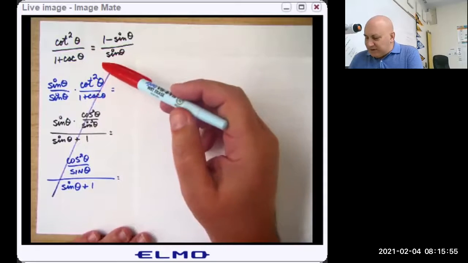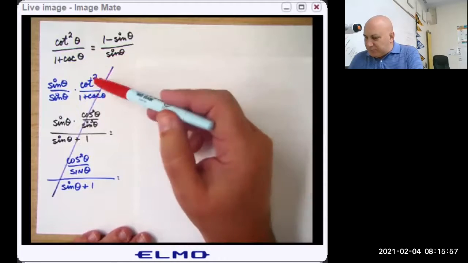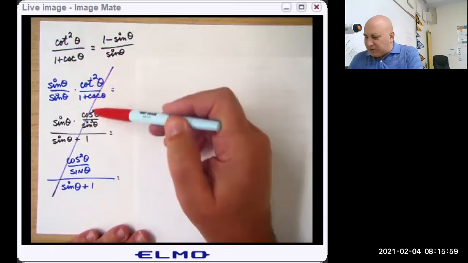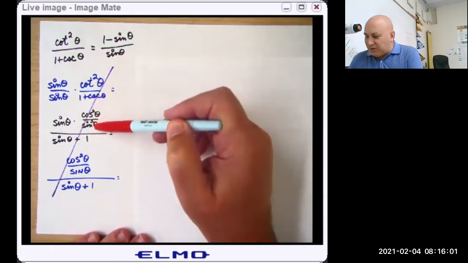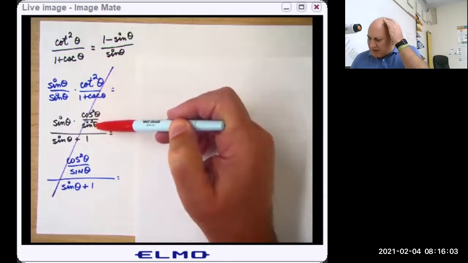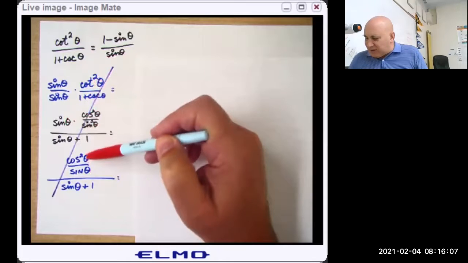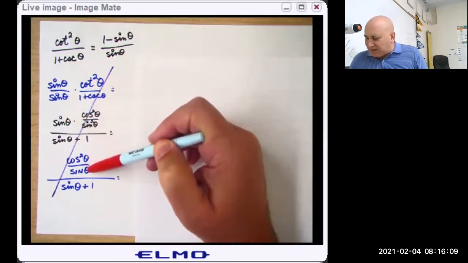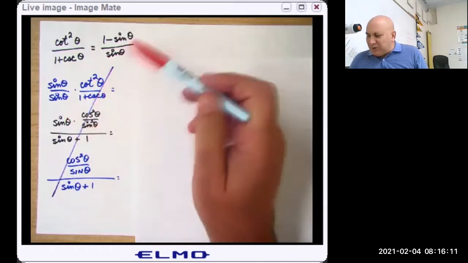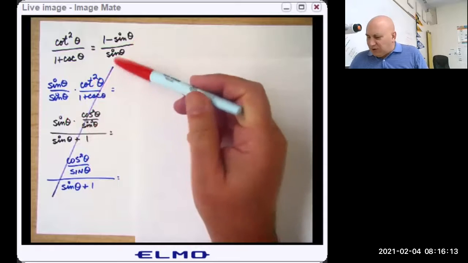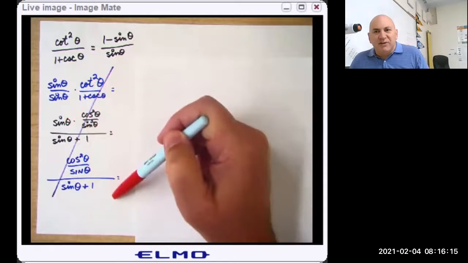And then I got cotangent squared theta is cosine squared theta over sine squared theta. So one of those sines canceled out, I got cosine squared theta over sine theta. I'm not getting anywhere closer to this. So I tried it, it didn't work.